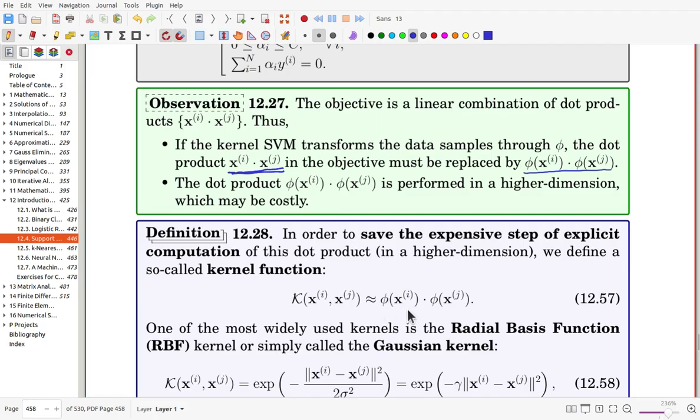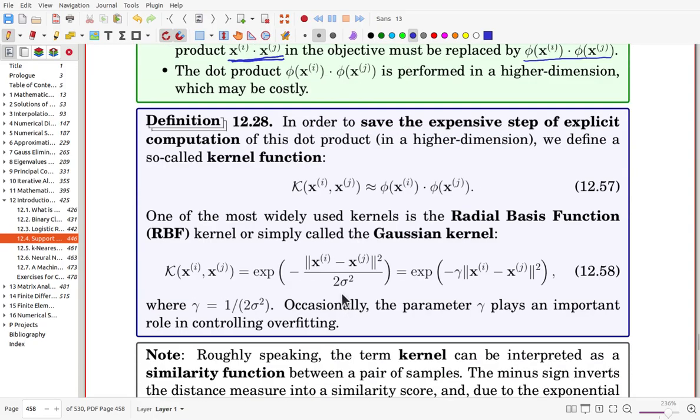This expansion is a nonlinear expansion from xi, and this one is, again, an expansion from xj. If this kernel function includes everything for the operation, then instead of explicit expansion, we can compute a scalar from xi and xj. That is the basic idea of the kernel trick.